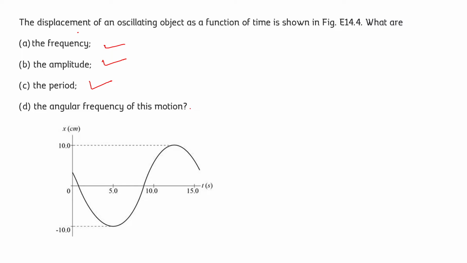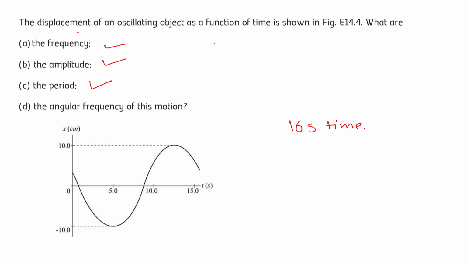So here, as we can see, in order to complete one cycle, or one complete oscillation, it requires 16 seconds of time. First of all, let's understand what frequency is. Frequency is the number of oscillations done per second.